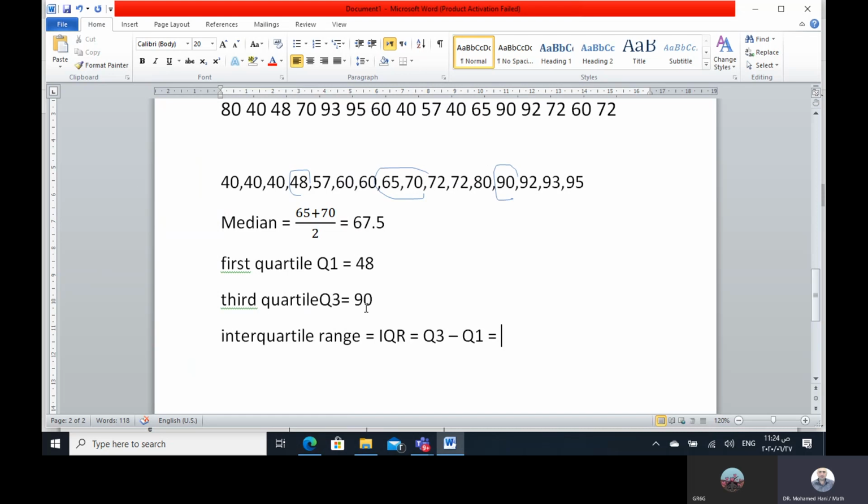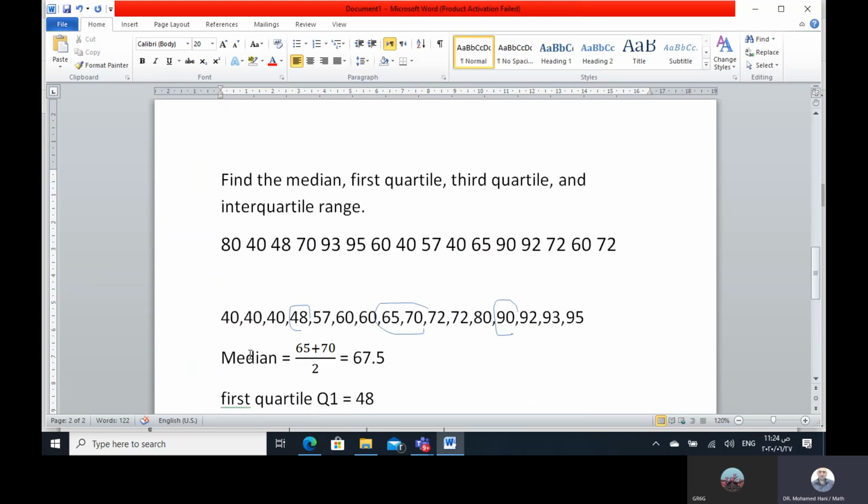Q3 will be 90 minus Q1 will be 48. So the answer will be 42.